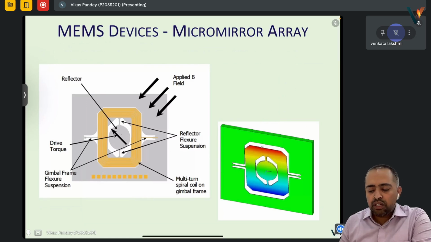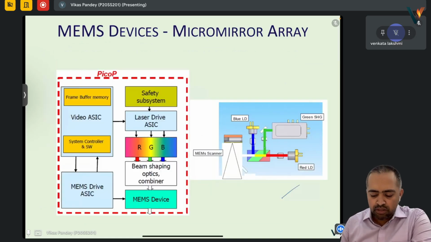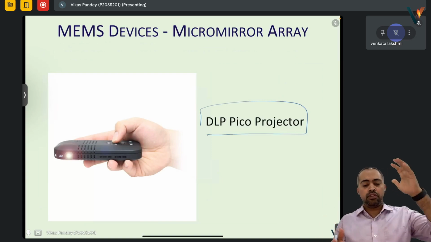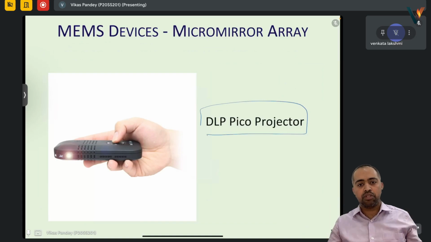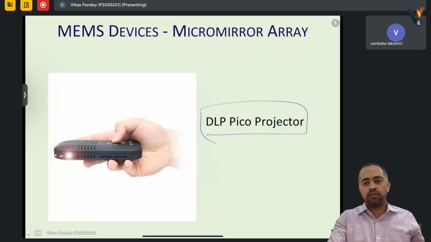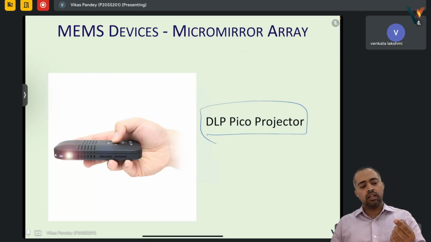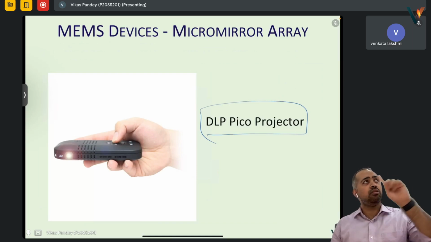There are different applications. I am just putting it like the pico projector. Earlier you used to see bulky, big projectors. Projectors were not that easy, not that handy. Nowadays we see very small projectors. They are able to project from a very small lens, and a big screen can be projected.